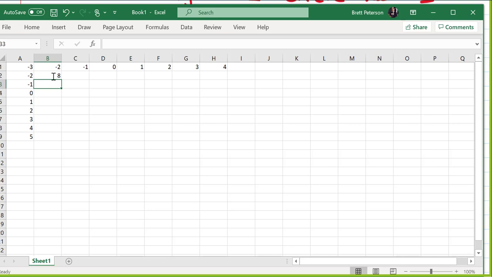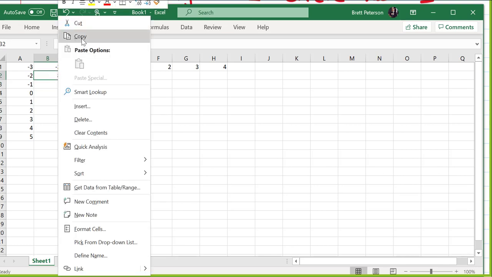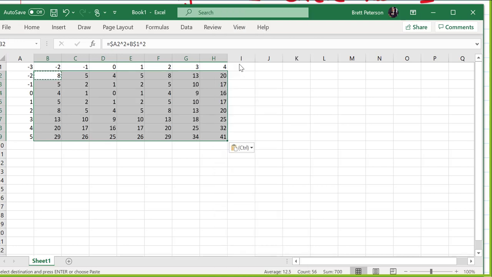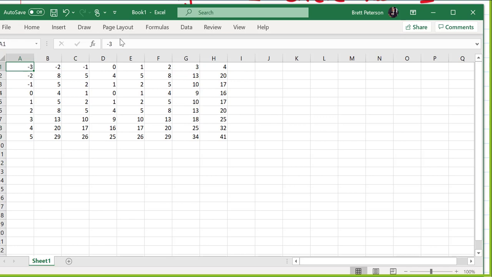And then if we copy that cell, our values. And there, let's change that to a 4.